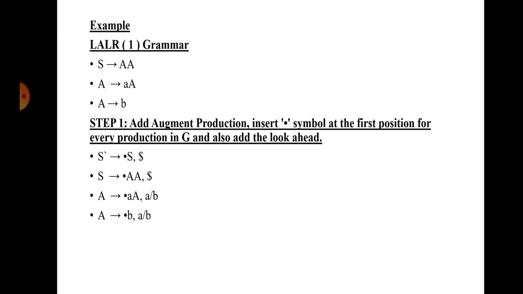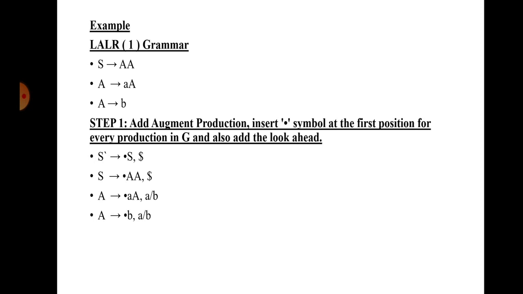Now we are going to find the look ahead symbol for the second production, S tends to dot AA comma blank. The start symbol of this production is capital S, so we have to find the original production of capital S. It derives from the above production, S dash tends to dot S. So we find the look ahead symbol from the above production, comparing with A tends to alpha dot B beta comma a.